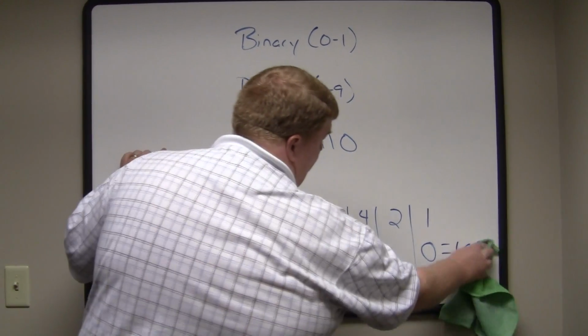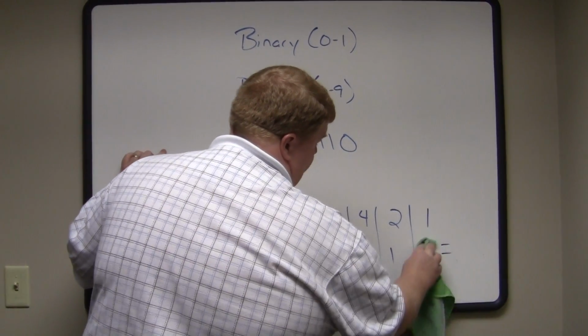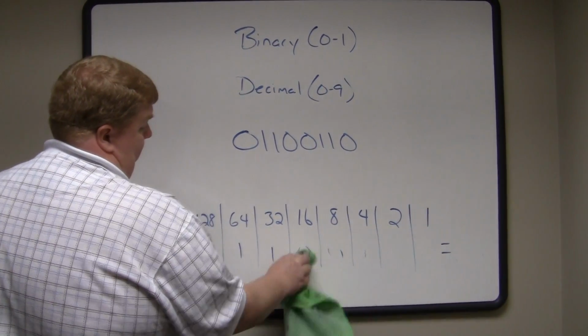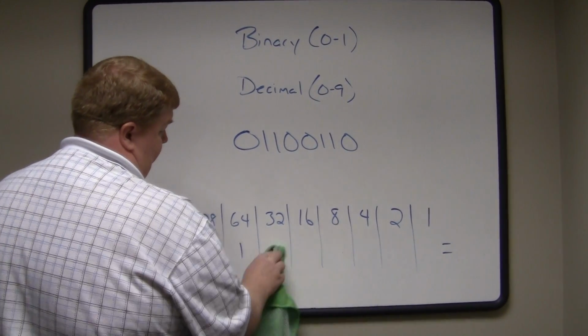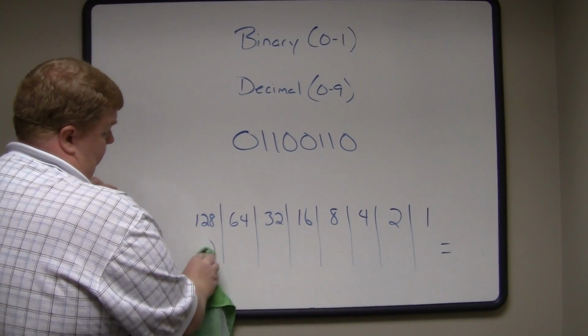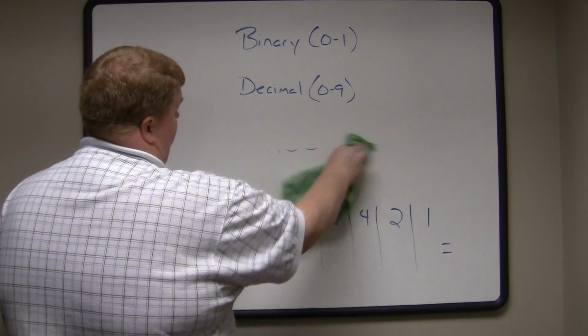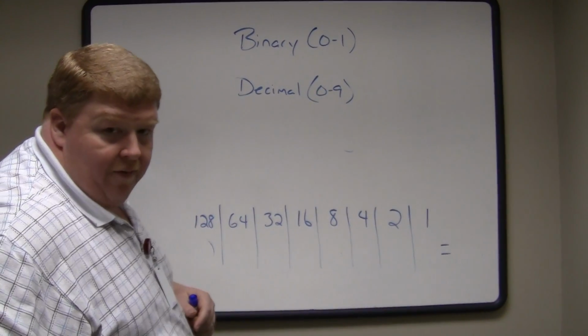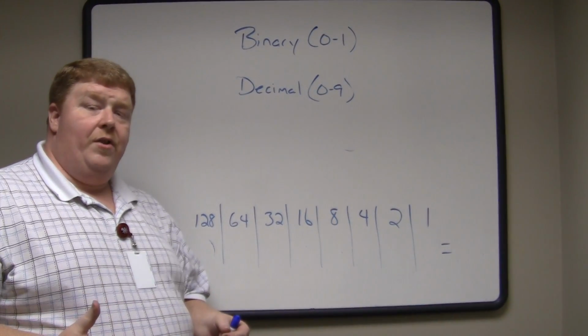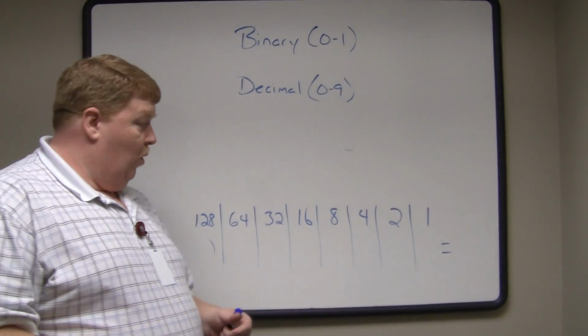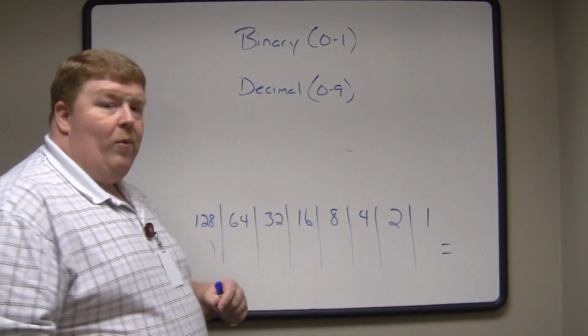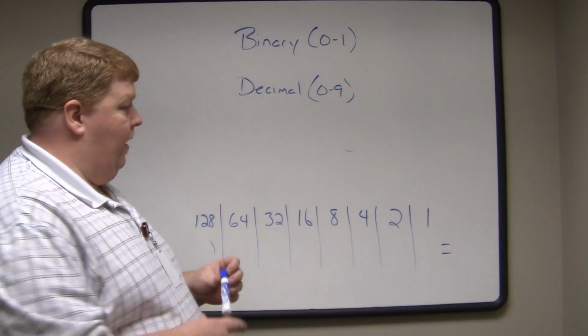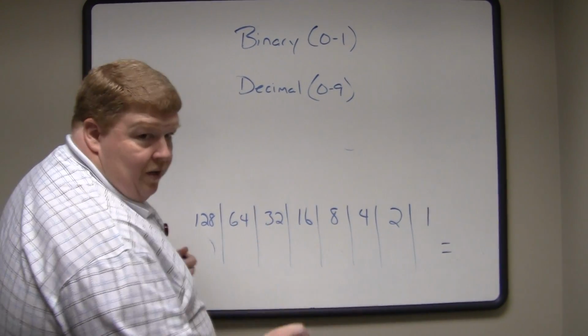Now, if you want to go the opposite route, let's say that you have a decimal number and you want to find its binary equivalent. We just converted a binary to a decimal, but what about converting a decimal to a binary? So let's just make a number up.